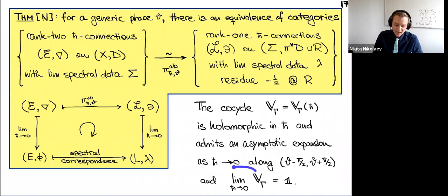And then the last clincher is that if you look at the way this cocycle is defined in terms of the parallel transport of the abelian connection, and the fact that the abelian connection has this leading order part, which is the canonical one form, all of that together, you do the calculation and you see that this cocycle in the limit as H-bar goes to 0 just becomes trivial.